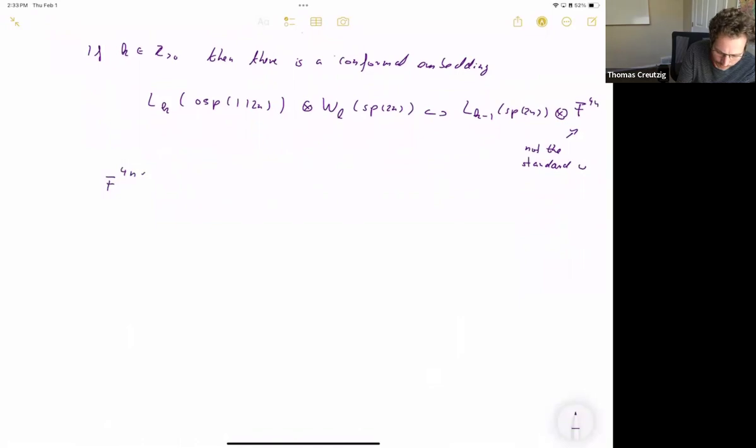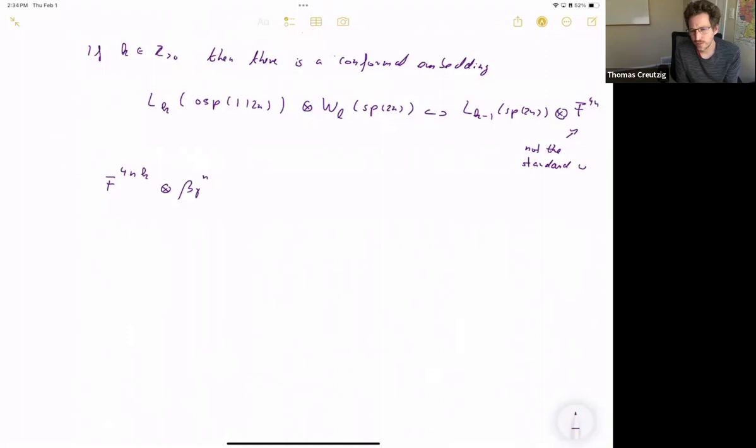So what you do is you look at the following free field VOA. You take 4n times k, which you should think about as 2n times 2k free fermions times n beta gamma systems.